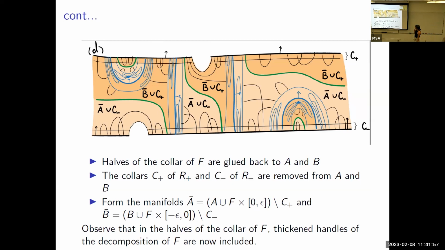Well, I think on one hand it gave a cleaner way of describing it. When you're thickening up the surface, you've got this handle structure of the surface, and when you thicken up the two-handles to three-handles, you kind of have to choose: are your one-handles going to be one-dimensional three-handles or two-dimensional three-handles?